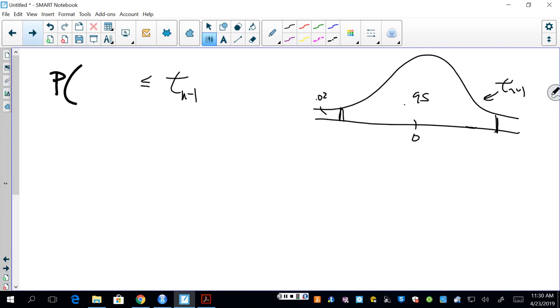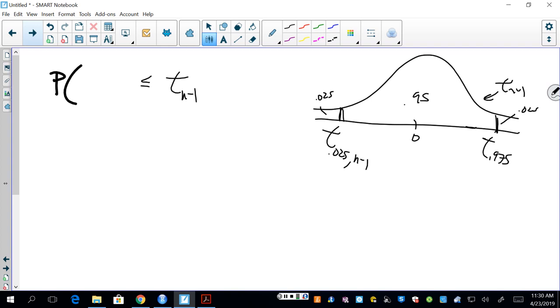That is 2.5% out here, and then there's 2.5% left over. Out of the 5% that's left over, we have 2.5 out there. This point, we call this the 0.025 tail with n minus 1 degrees of freedom. And this is the 97.5th percentile.